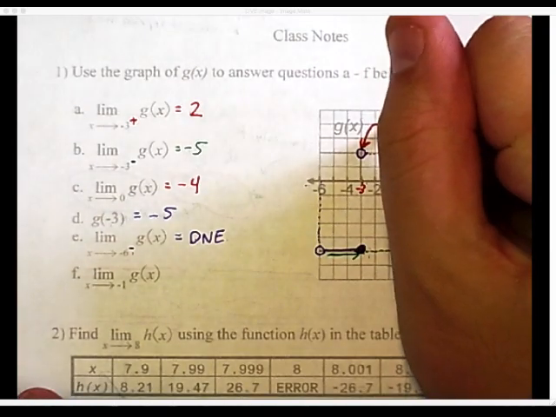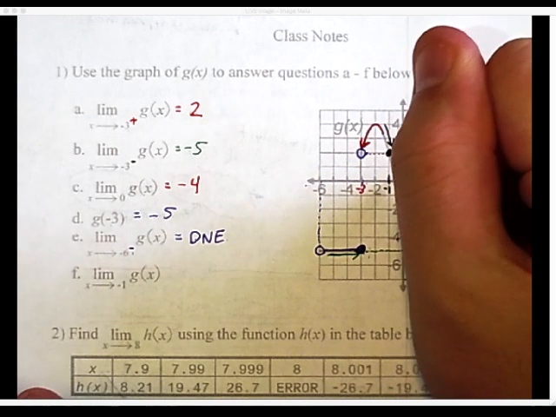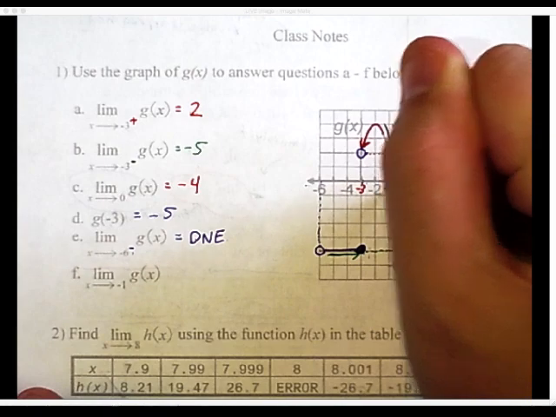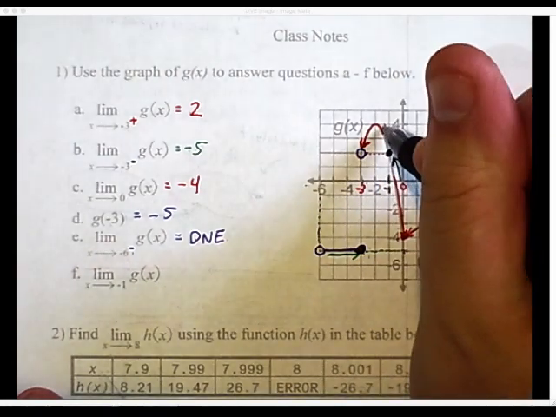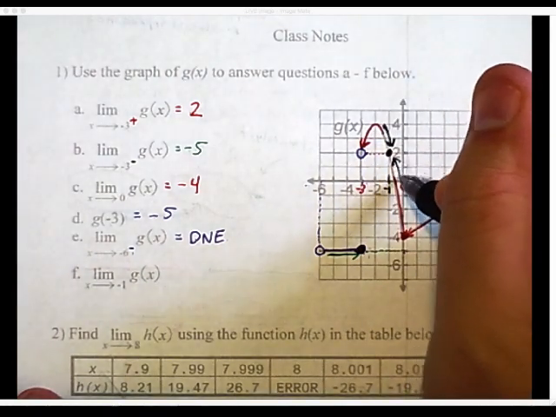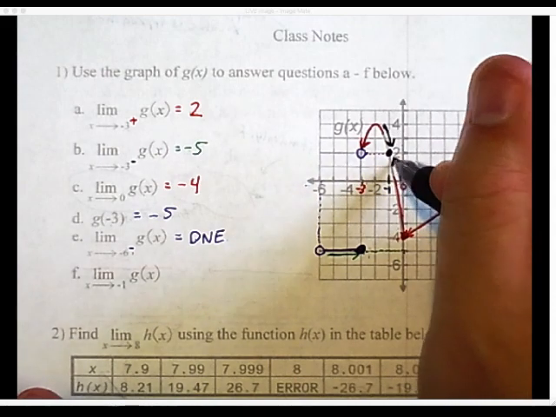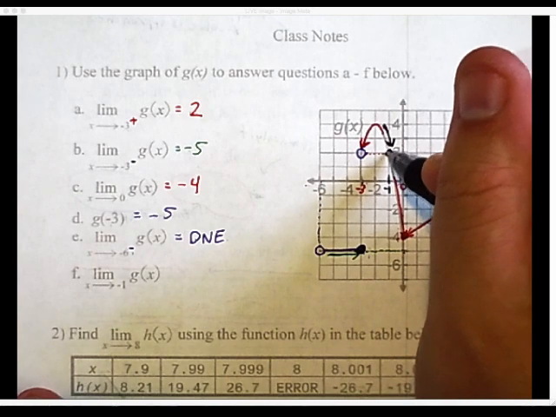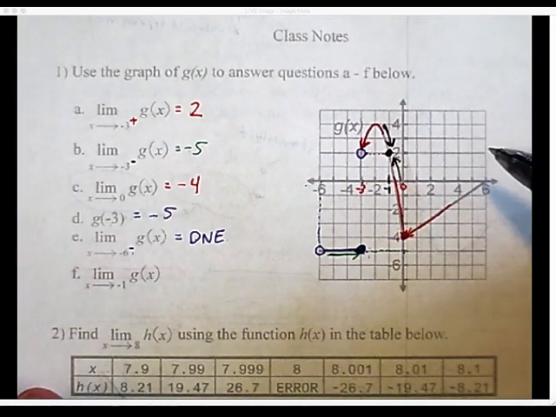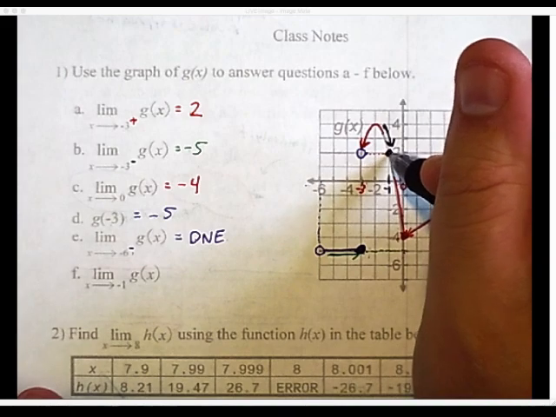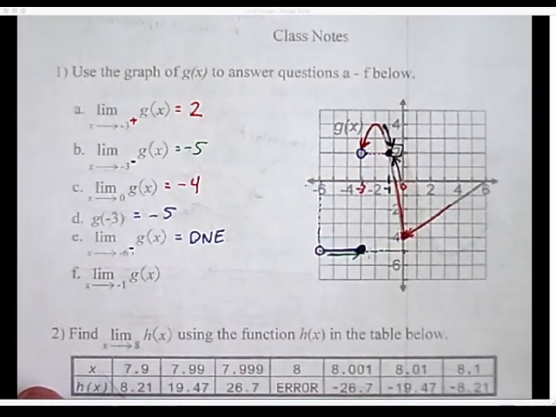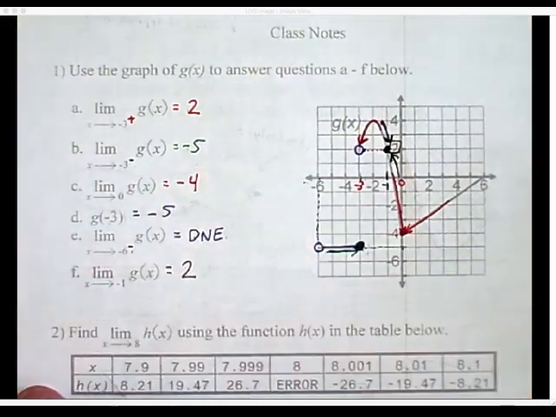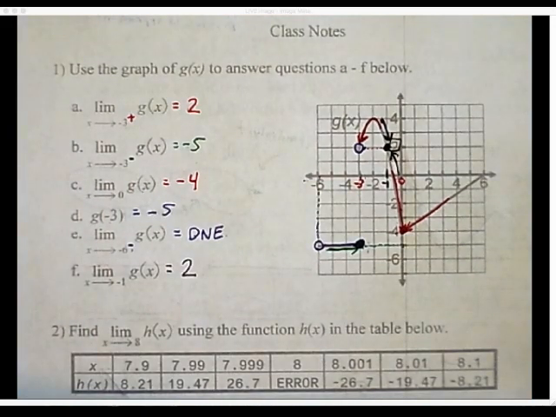So what does it look like as I come in from the left of -1 and from the right of -1? Is this little arrow coming in from the left and this little arrow coming in from the right, are they approaching the same y value? Are they both approaching that point? Yes, they are. And what is the y value of that point? It's that number right there. It's 2. So we would say the answer there is 2.